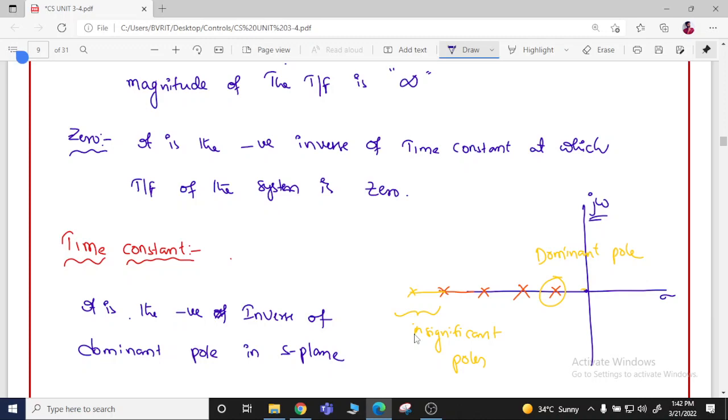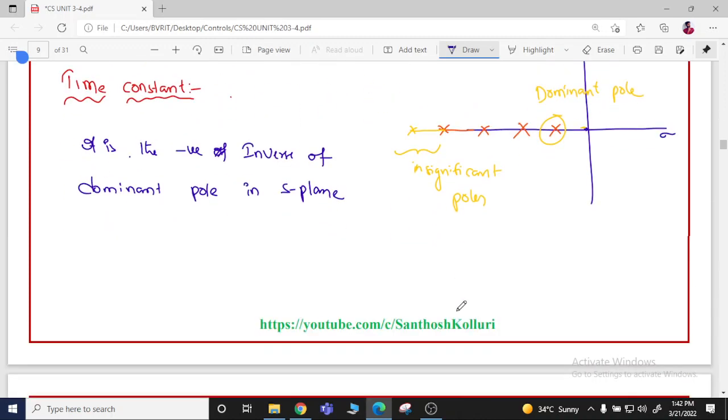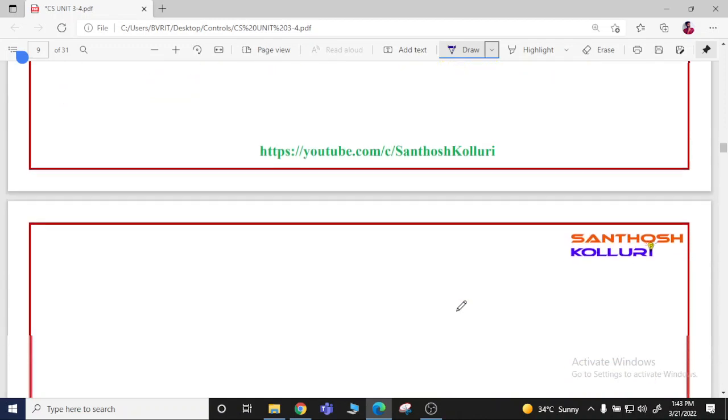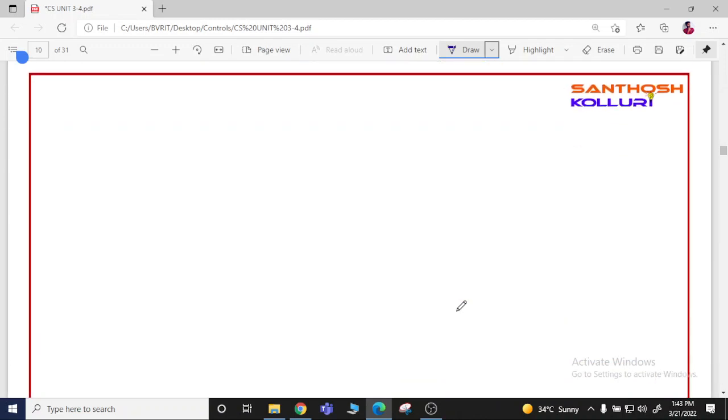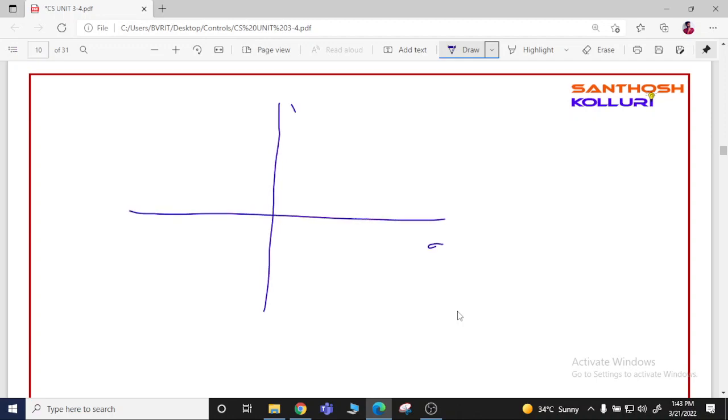So let me take one example to explain this. Here this is the S plane, the sigma j omega plane, and here there is a pole at minus 0.02 and another pole at minus 0.03.